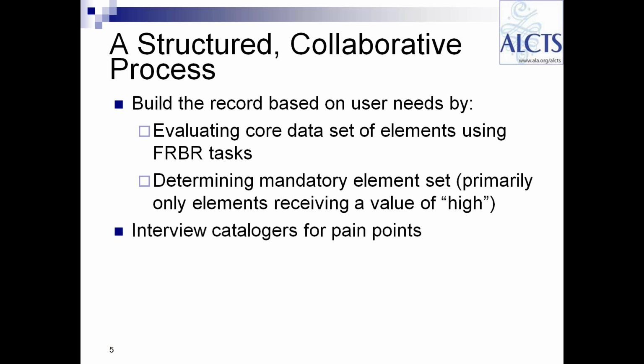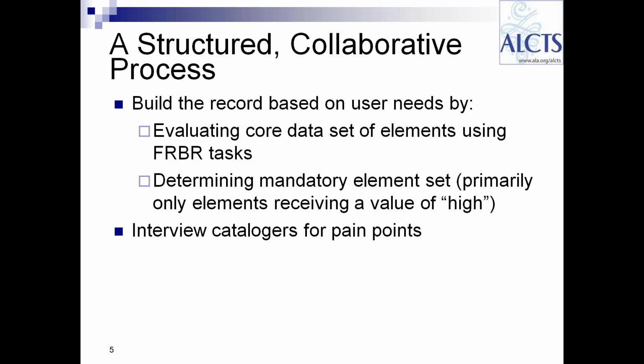One of the other things that we did was we interviewed catalogers for pain points. What are the things that serials catalogers have specific problems with or find unnecessarily difficult or unnecessarily time-consuming?